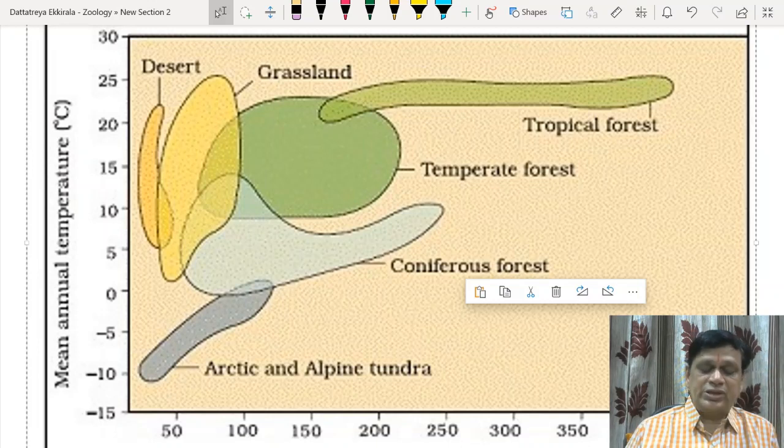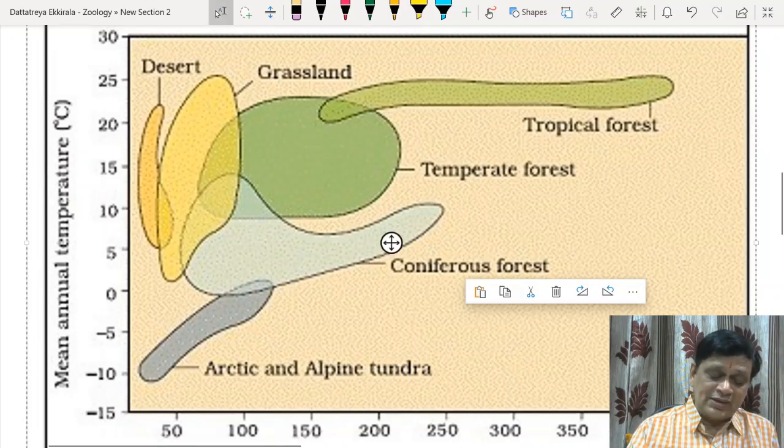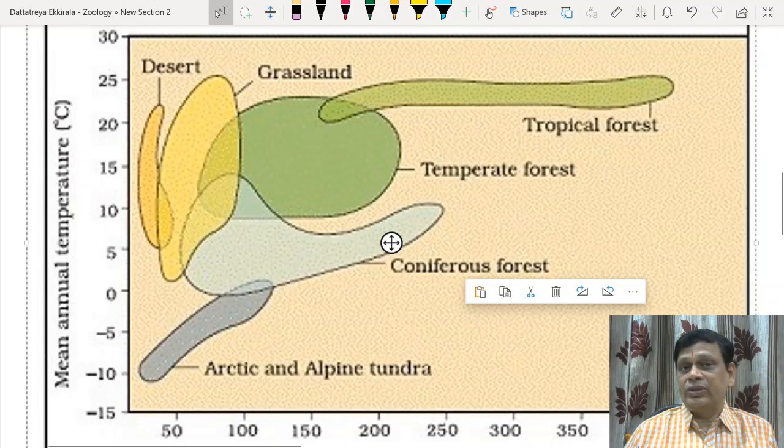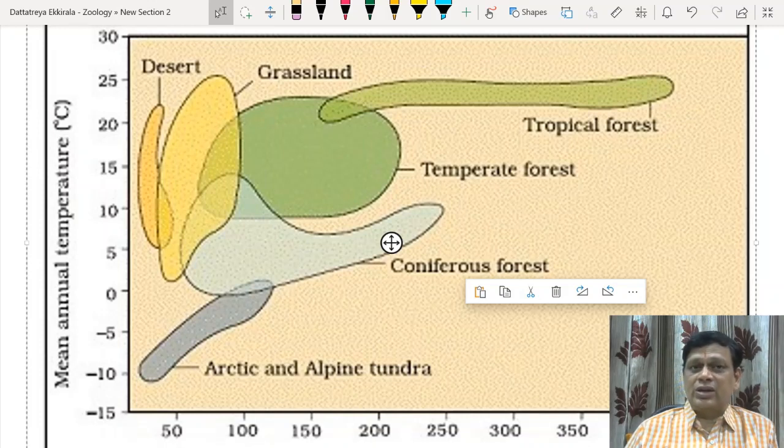Desert has the highest temperature and lowest rainfall. Grassland is also higher in temperature, but the range is much greater than the desert. See, minimum and maximum, that range is more for that. Sometimes the temperatures in grasslands may even exceed the desert average. Here the values are average.